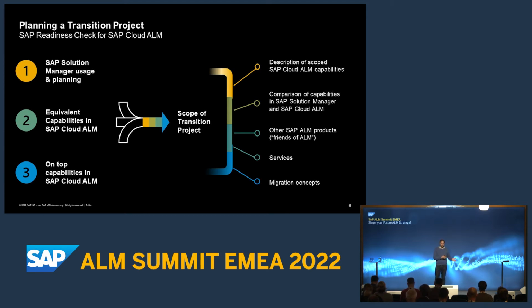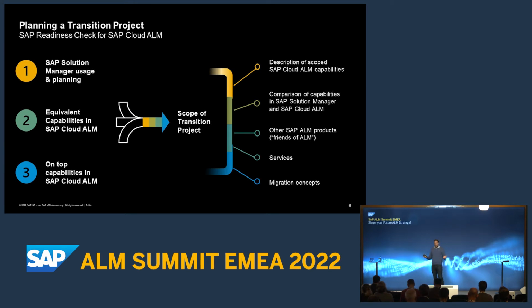Is this planned? Because some capabilities might not be currently available. Some might be, for example, white spots or offered by another SAP product. So for each of these capabilities, we show this information. And we also make sure that we keep all this information up to date so you can always get the latest state of the planning.